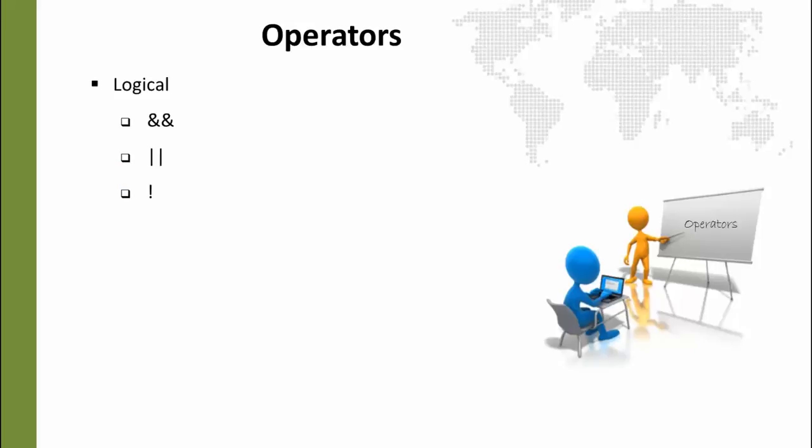Finally, we have logical operators, and once again, we will go through a little bit of an example of this, but you have your and, or and the not. And the first one, the 2 ampersands, is an and, and it works just like logic. If you are taking a logic class or you are familiar with logic statements, truth tables is the exact same concept here.